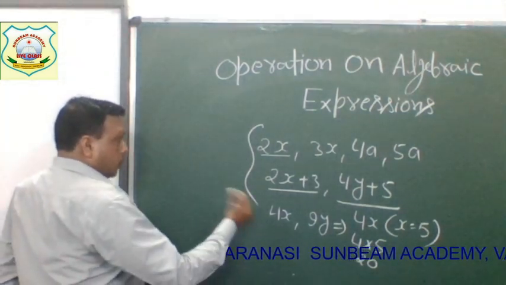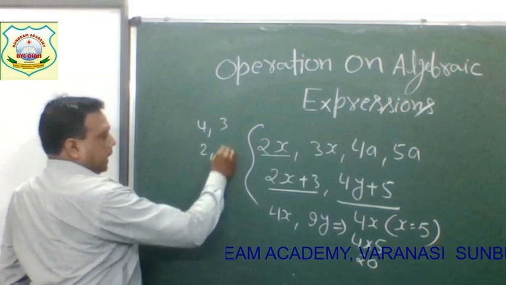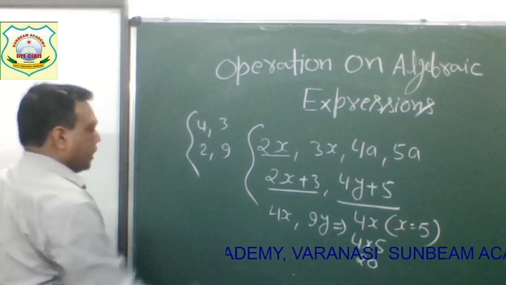But constant values, like 4, 3, 2, 9, these are all constant values.